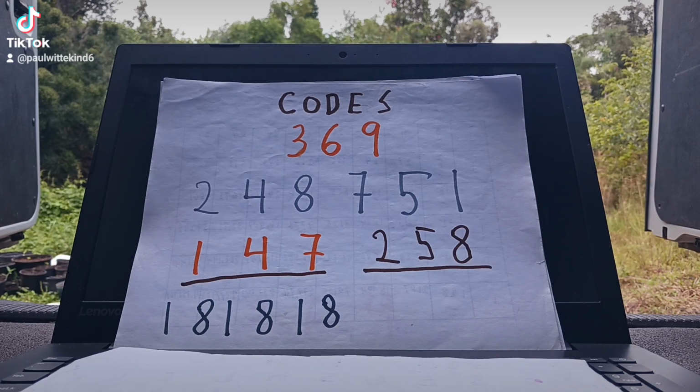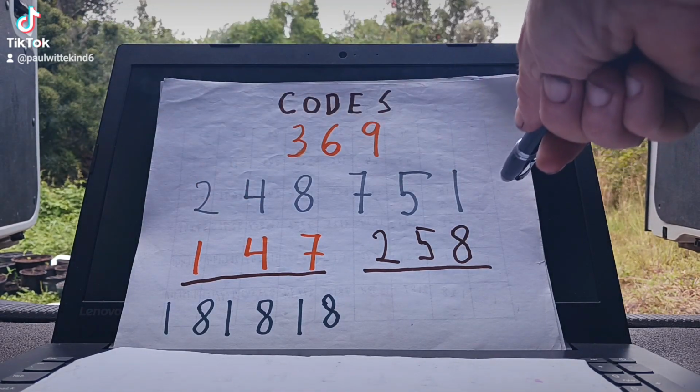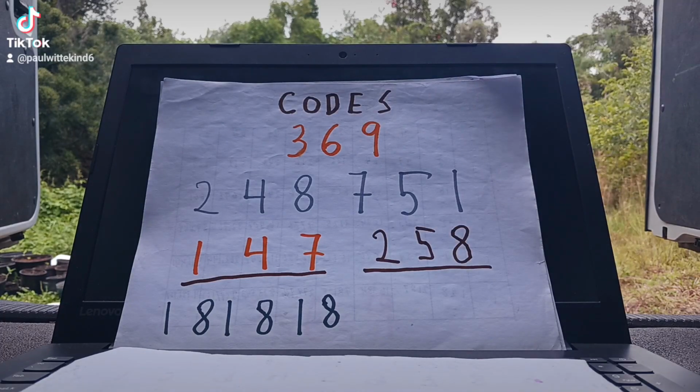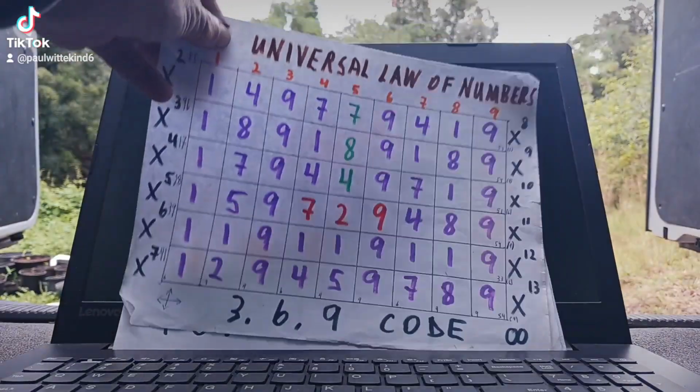It's the 369 code, which consists of 248751, 147258, 181818.